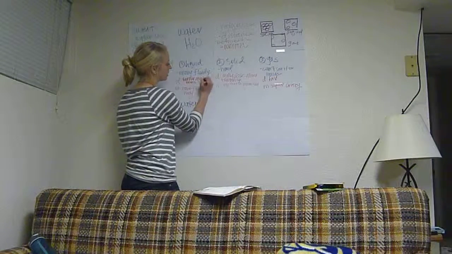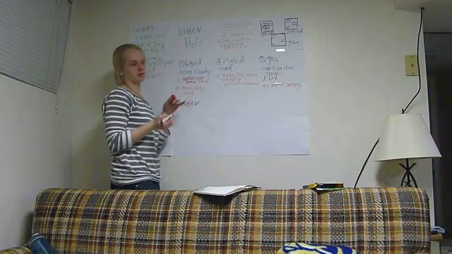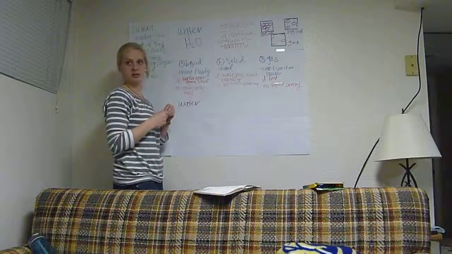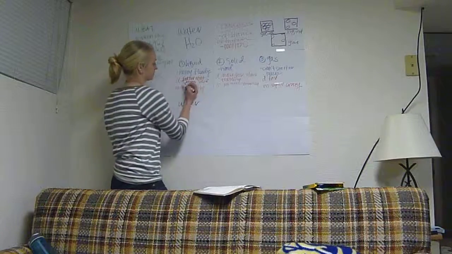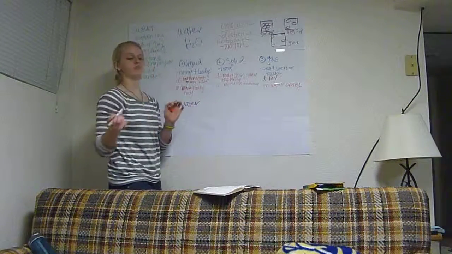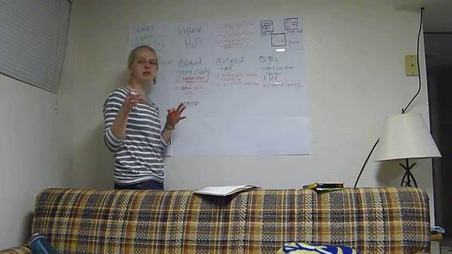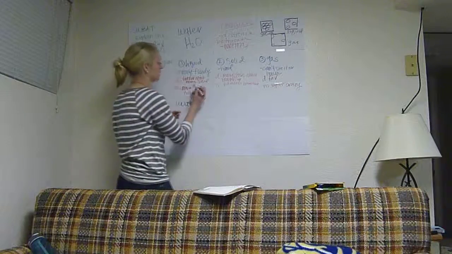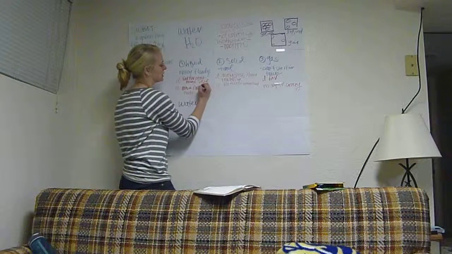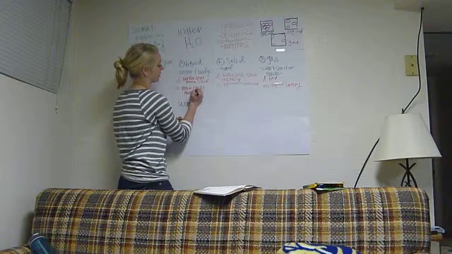Table number 2, what did you think about the movement of the particles of a liquid? They move, which is better than solids, right? So they're kind of free, but not too free. So we'll just say fairly free. Okay, perfect.